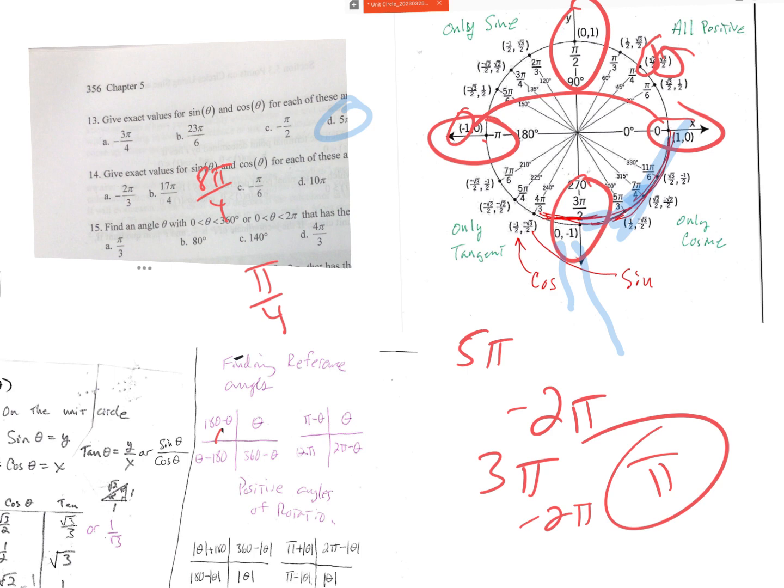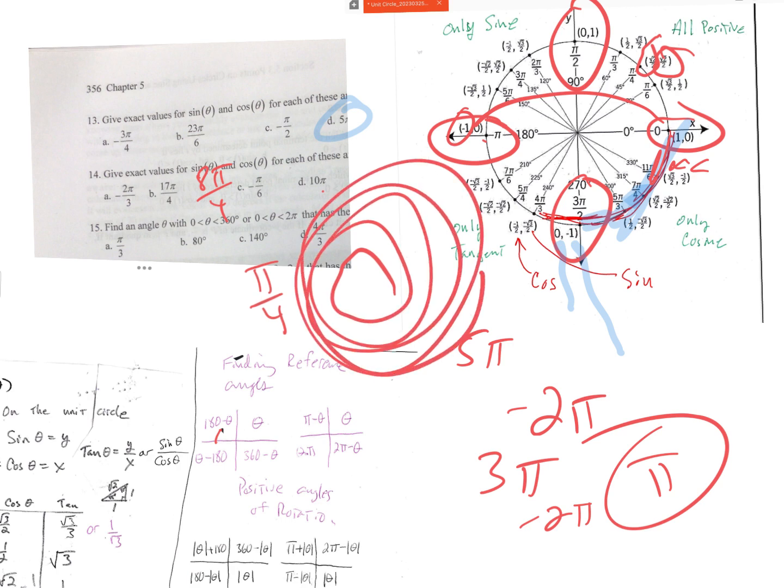Okay. Negative pi over 6, that's going to come down here, same as 11 pi over 6. Cosine, sine. 10 pi, well, 2 pi goes into that evenly, so it's going to be the same as 0, right? You're going to go around the circle 5 times: 1, 2, 3, 4, 5, and we're right back there at 0. So cosine 1, sine 0. Okay?